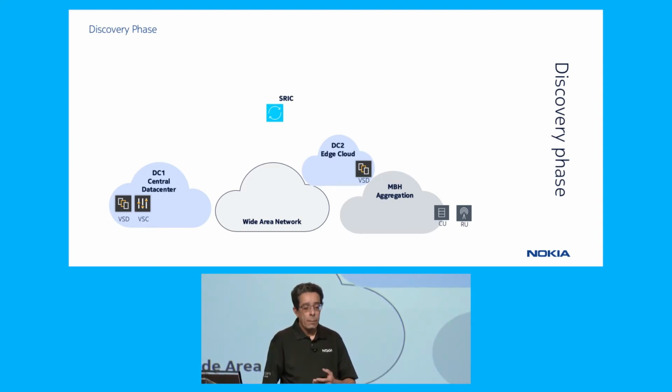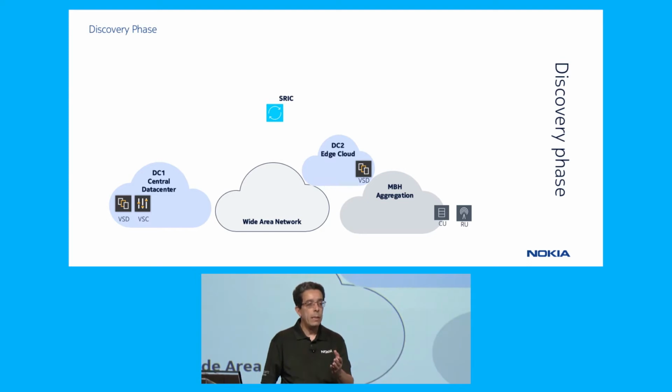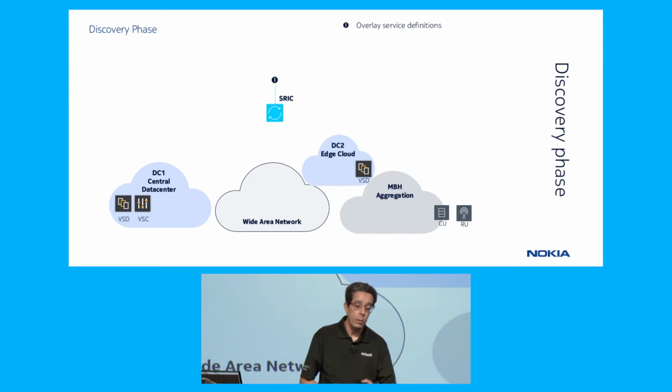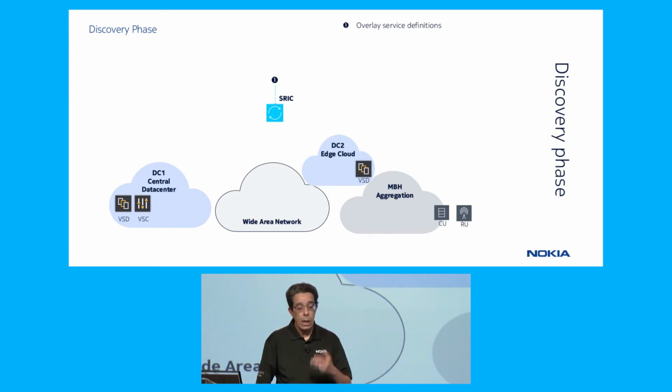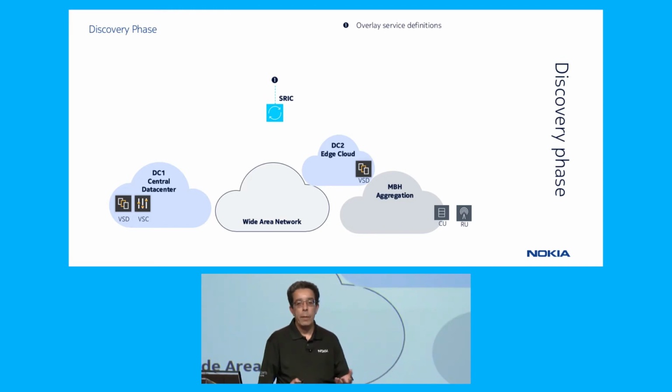We have 3 phases in this process. The first phase is the discovery phase, by which the overlay service definition is being input into the Segment Routing Interconnect Controller, which is an application of the NSP. That information is provided either via an orchestrator or via a portal, via a northbound interface.